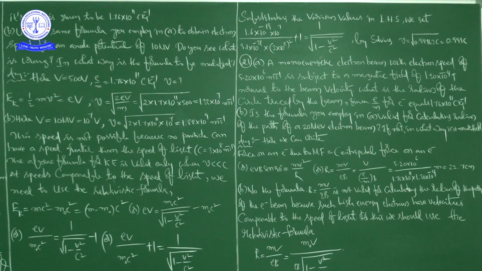So what does it mean? Almost it is like 1, no? So v is equal to c. That's why what he is saying is, when the speeds are comparable to the speed of light, please use this formula, that is what Ek is equal to mc square minus m naught c square, right.